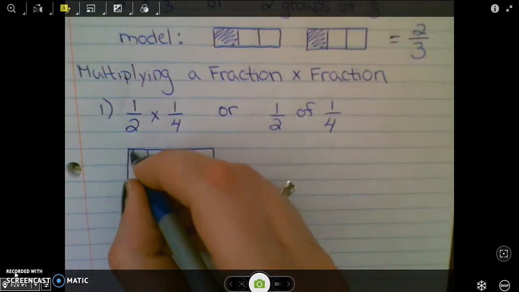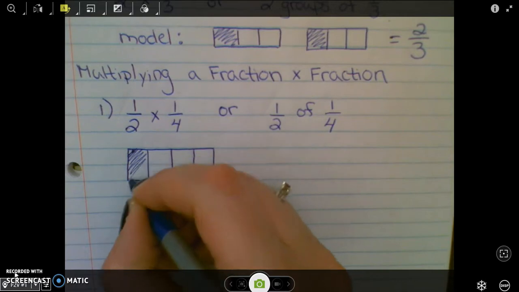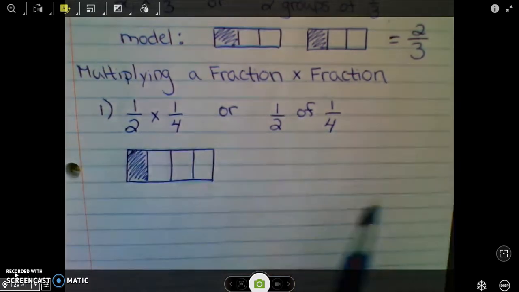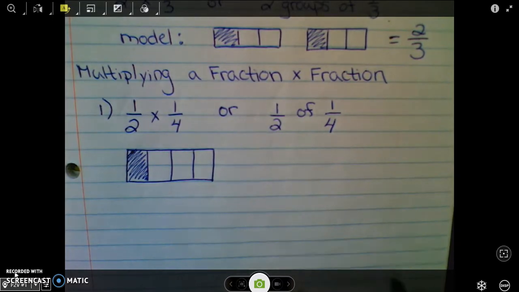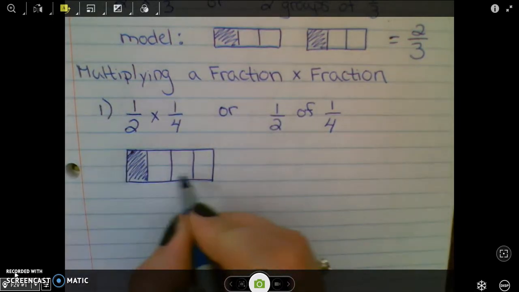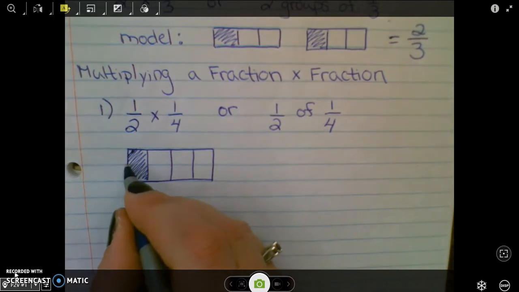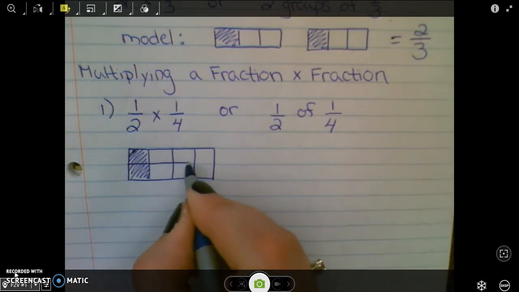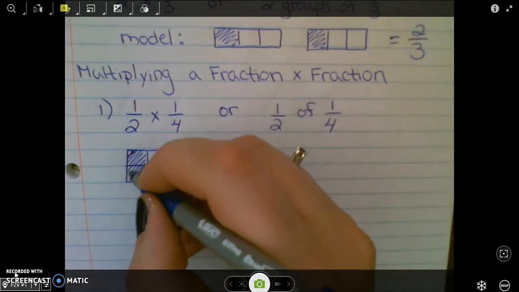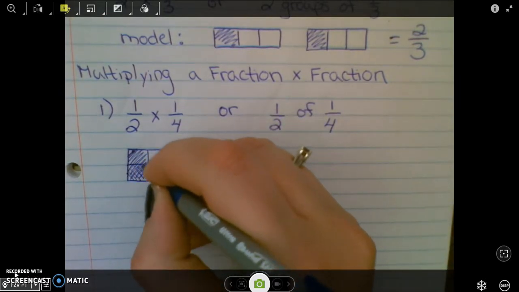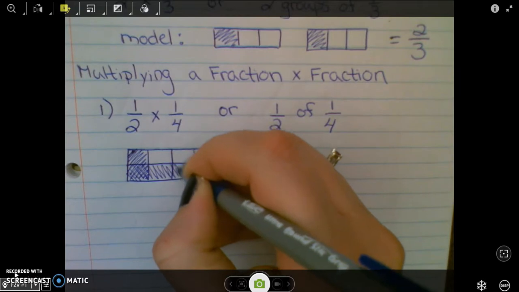And I would shade in 1/4. So this is starting with my 1/4. But if I want half of a fourth, the way I would show that is I would now divide up my rectangle the other direction. So I'm going to split it in half going the other way. And then I would shade in the half of the rectangle.